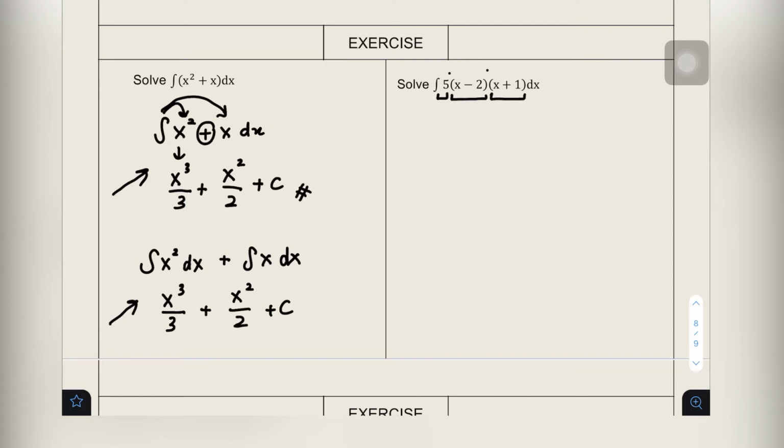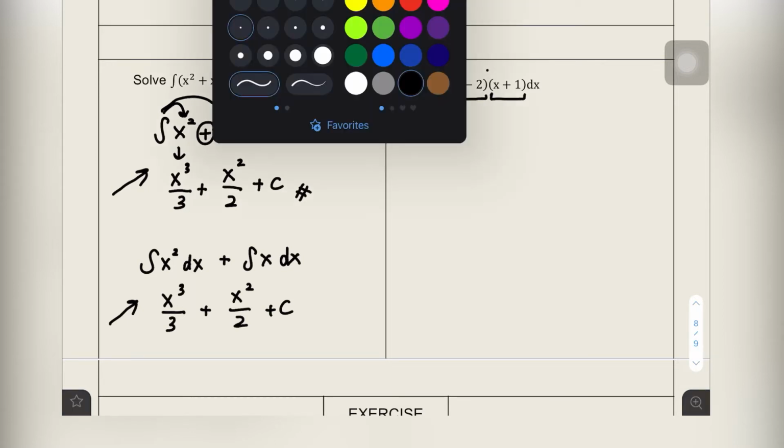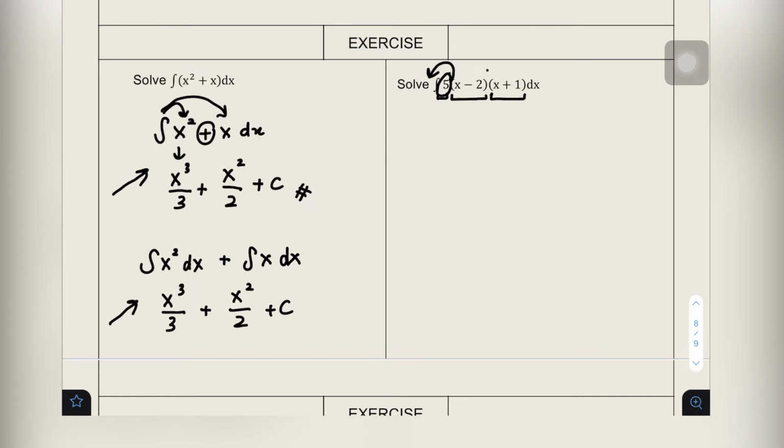Because they are separated by the operation of multiplication, as we discussed in the rules of integration before, we can move the constant outside of the integration process. So it will become 5 outside here, integrate (x minus 2) multiplied by (x plus 1) dx. 5 is a constant, so we put it outside. We will not disturb 5. We only will integrate this function.